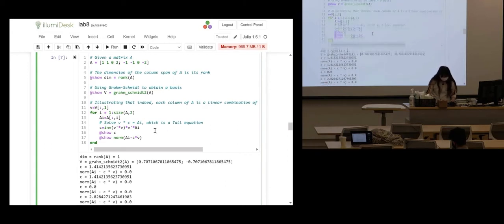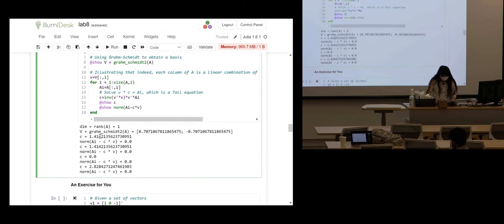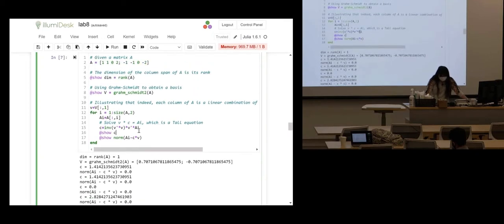So we can see, for the first column, the coordinate is about 1.4, and the norm of the difference between the column of A and the basis times the coordinate equals 0. Basically, this shows that V is the basis of its column span, which means each column of matrix A can be written using those bases, and a coordinate exists.